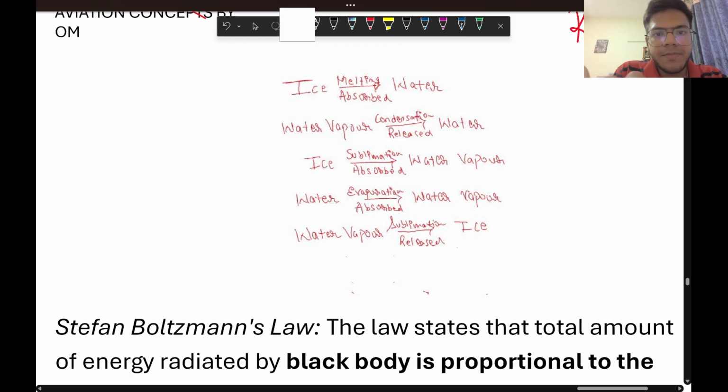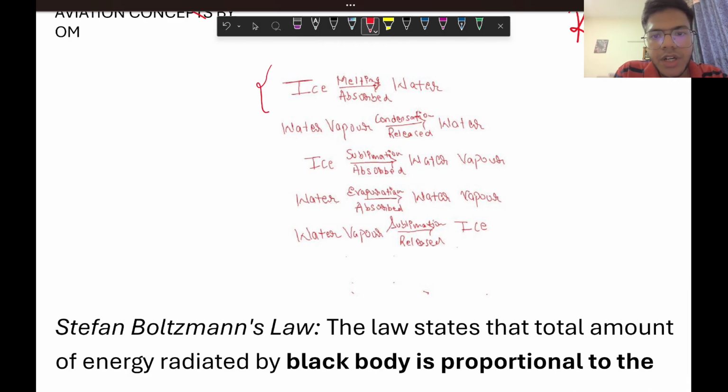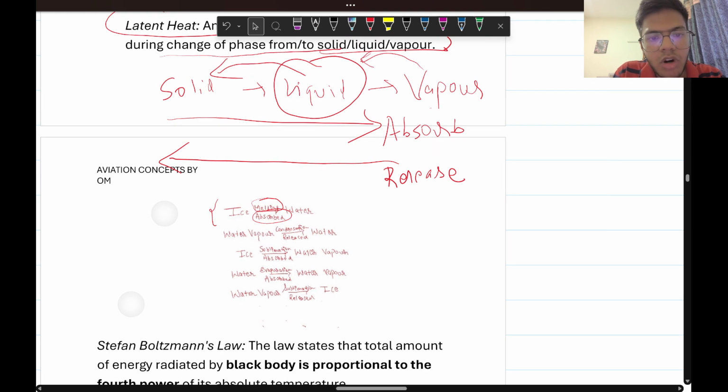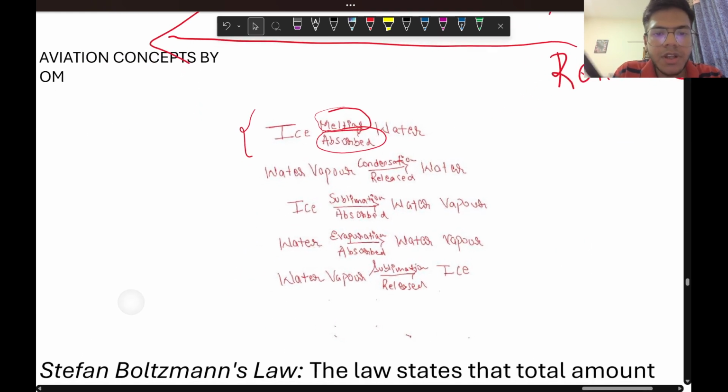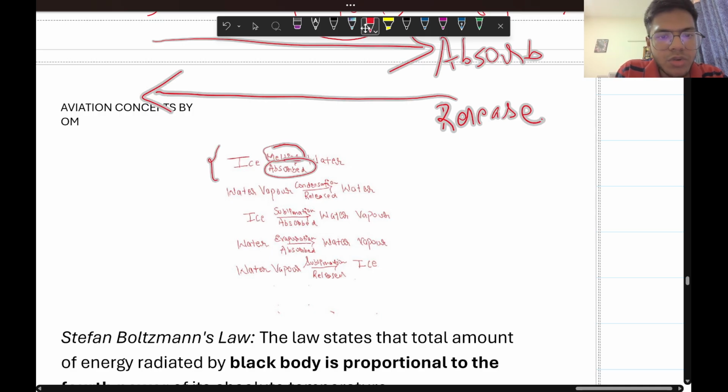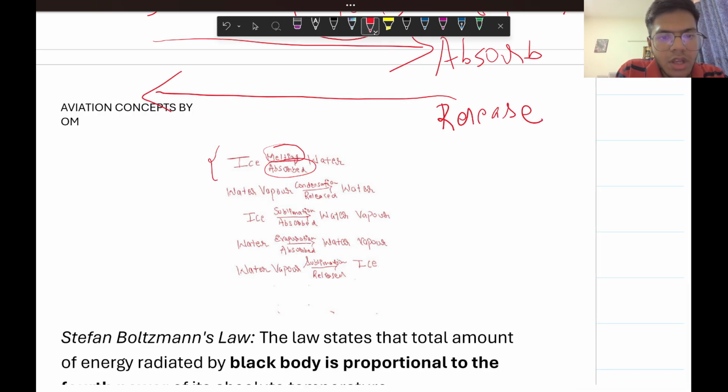So what it says, if I need to convert ice to water, this process is known as melting. In this, heat is absorbed. See guys, ice is solid and water is liquid, so heat is absorbed. And guys, the next one is water vapor to water, which is condensation.